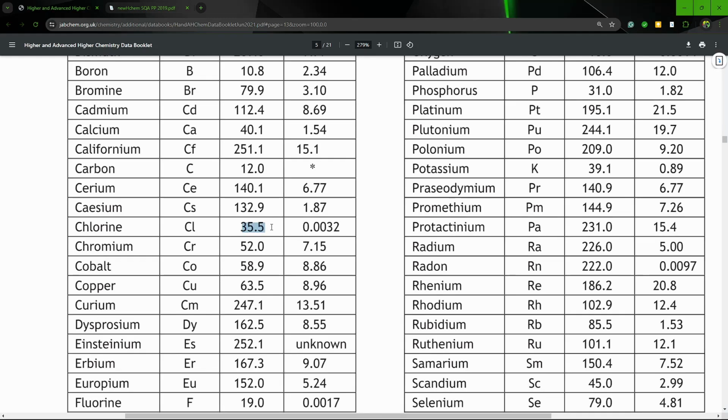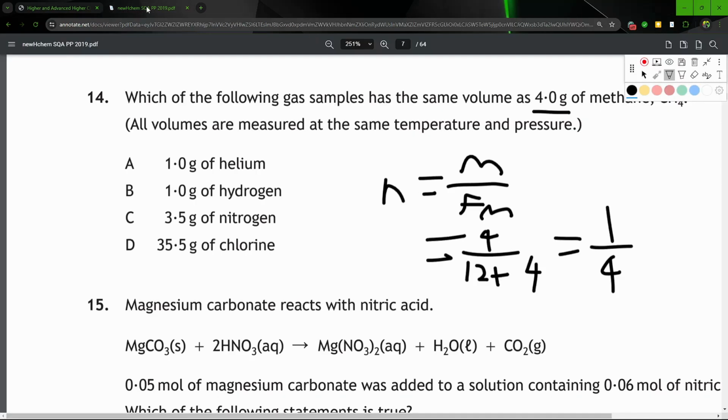Oh yeah, we've got 35.5, but that would mean that a mole of it would actually be 71 grams of chlorine, but that would only be a half, right? Because a whole was 71 grams, and we've actually only got 35.5, which would be one half, which is not what we want, so it can't be D.